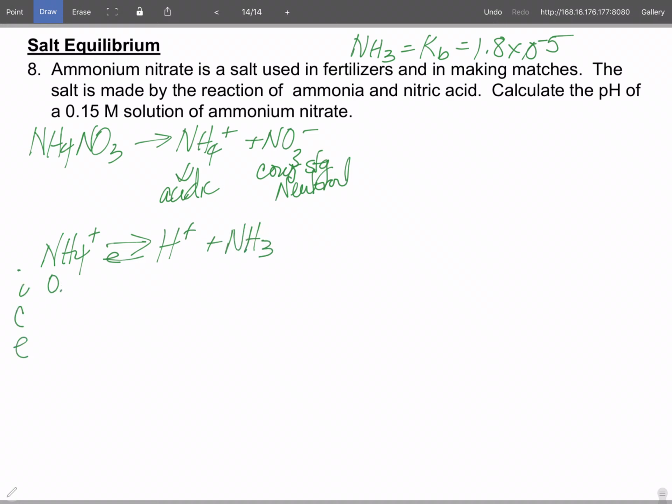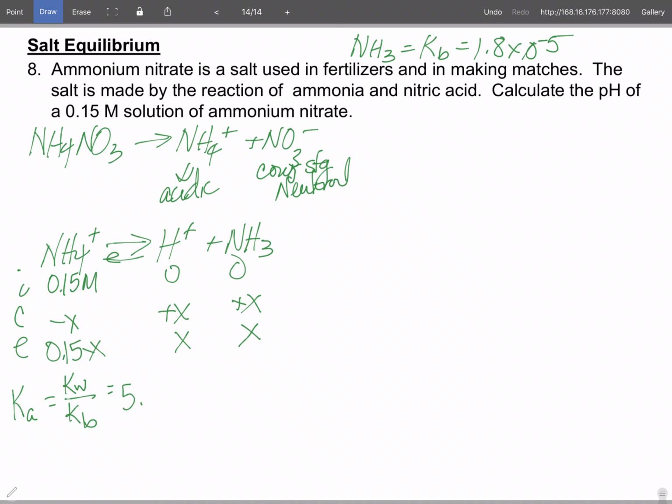We have 0.15 molar, 0, minus X, plus X, plus X, 0.15 minus X, X, and X. So we end up with Ka, which we have to get from the Kw divided by the Kb, which means we get 5.55556, it's repeating, times 10 to the negative 10th.